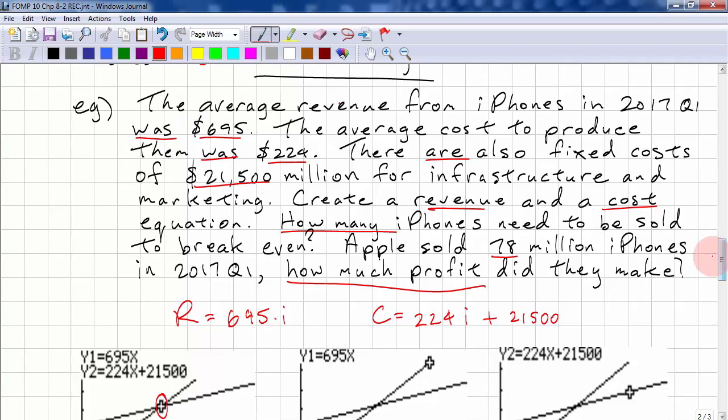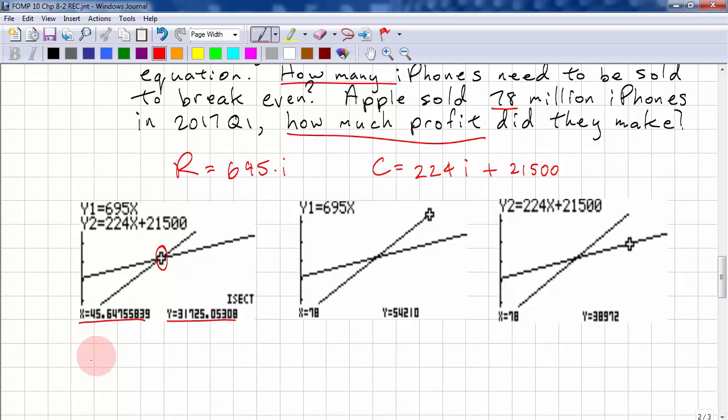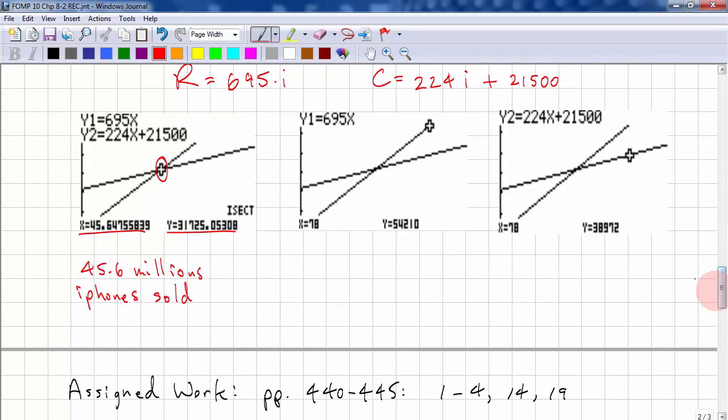And because we're using millions of dollars here, we can use millions of phones here. So this is 45.6 million iPhones were sold. And this is to break even.